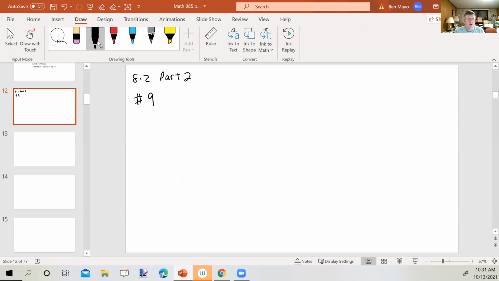It says, write an equation for a linear function whose graph has the given characteristics. It passes through the point (15, 0), and is perpendicular to the graph of g of x equals 3x plus 4.